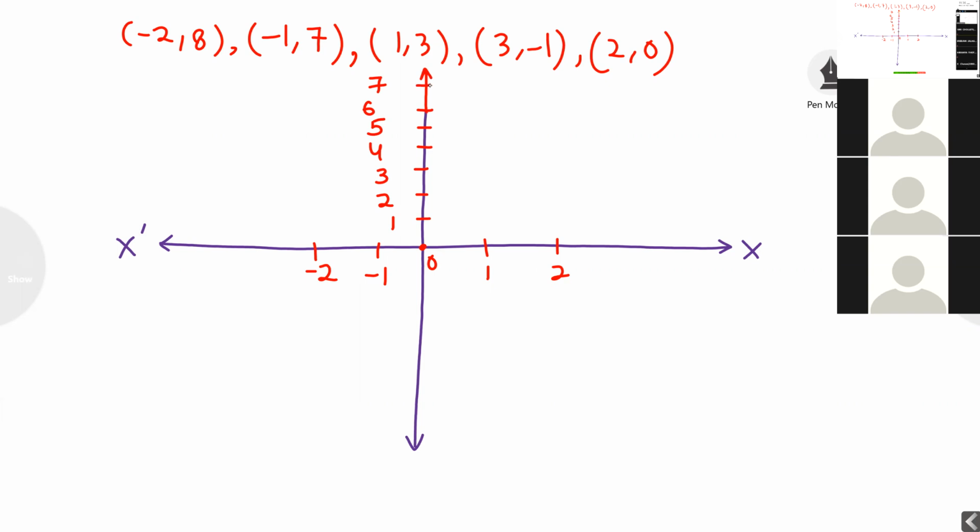Right. Then what is the highest value of minus y? -1.